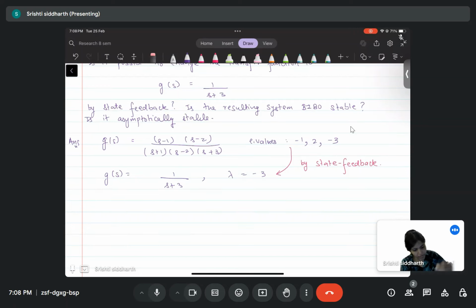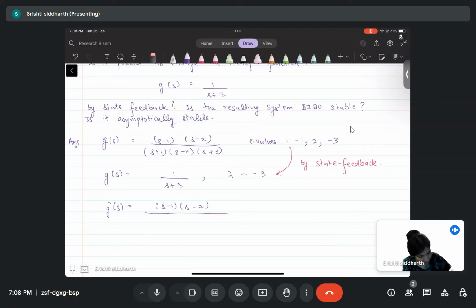What we can do is, in G hat of S, the numerator remains the same.